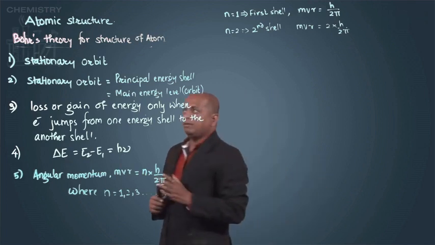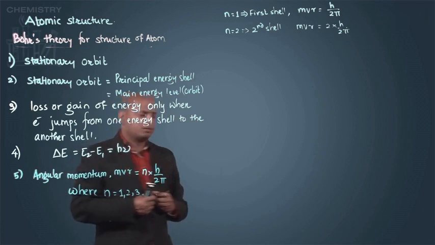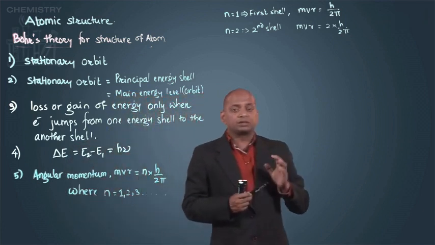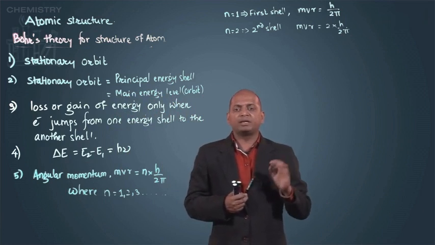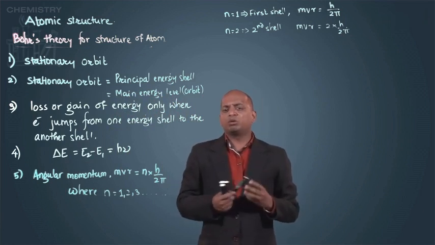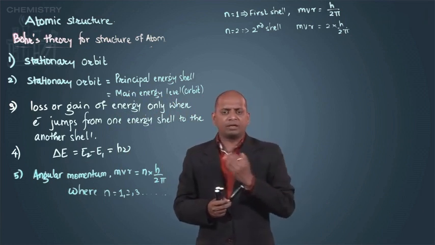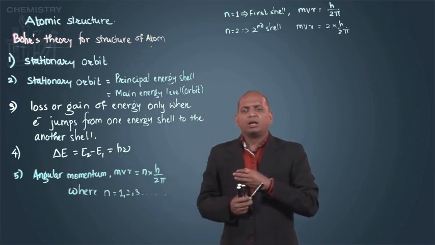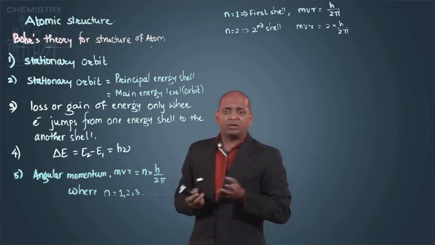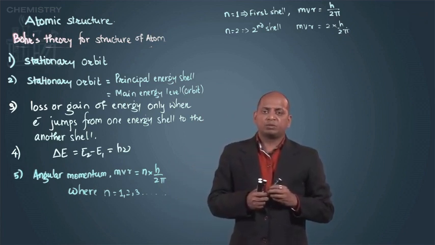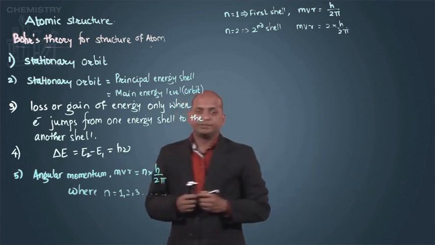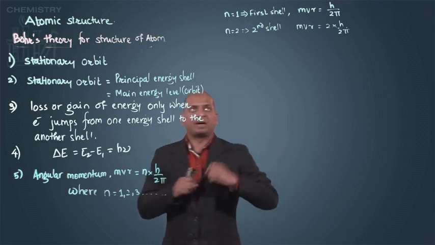Now, this theory was foolproof at that time and it had various calculations. Bohr could explain, as I already told you, the structure of hydrogen atom, the structure of monoelectronic system. But it had certain drawbacks.